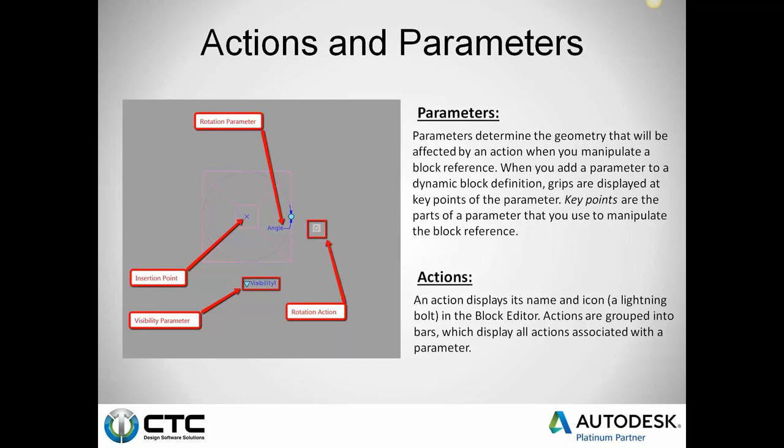Actions are grouped into bars, which display all actions associated with a parameter. Down here, this is a rotation action. There's a little lightning bolt right there. And this would be applied to this rotation parameter here. So the action does have to pertain to the parameter as well. So that's another thing I could cover here.